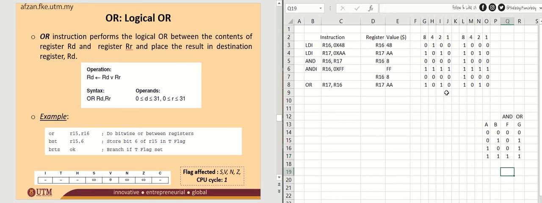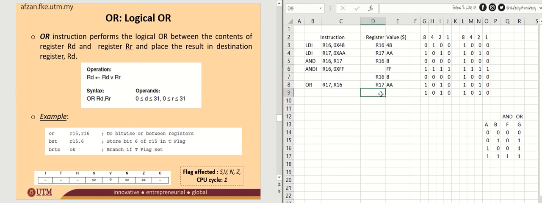Now by looking at this R16 and R17, you convert the hexadecimal to binary, and then you do the logical OR for each of the bits. What happened here? You OR 0 with 0, you get 0. 0 1 you get 1. 0 1 you get 1.